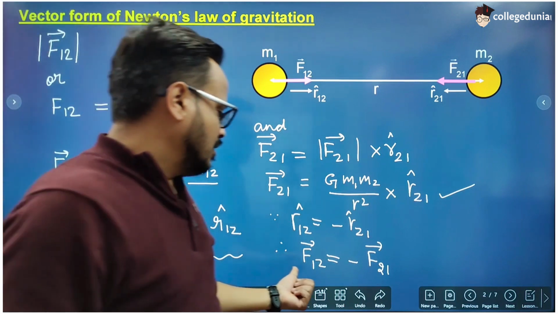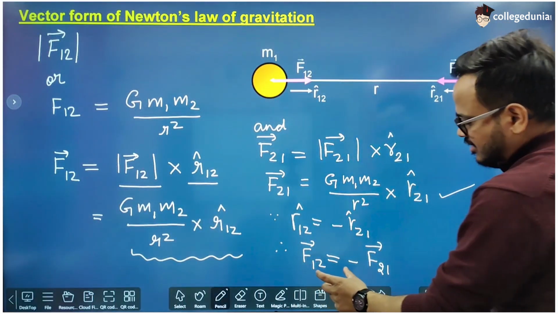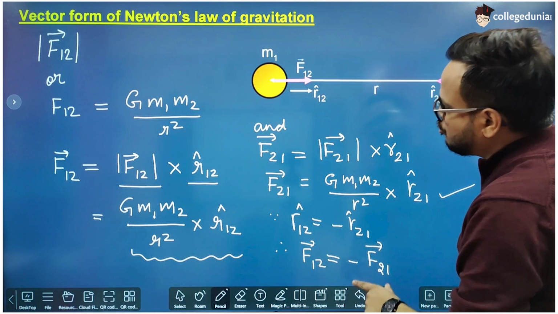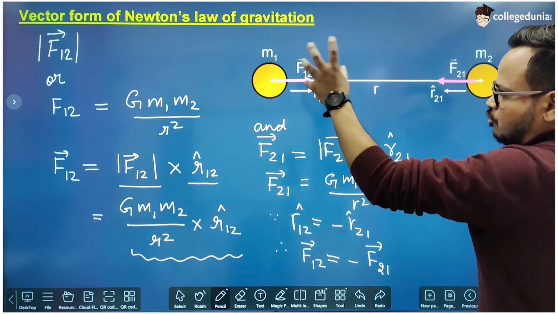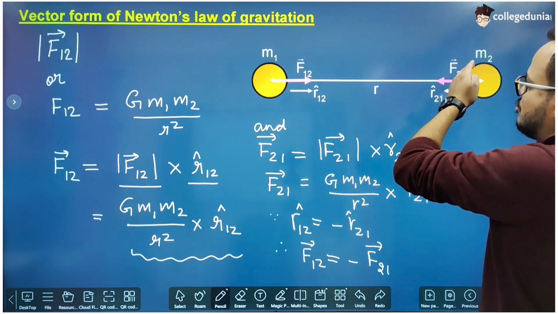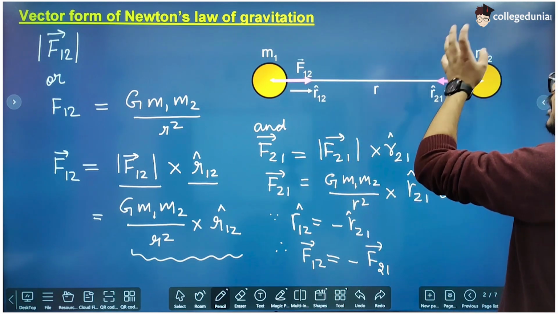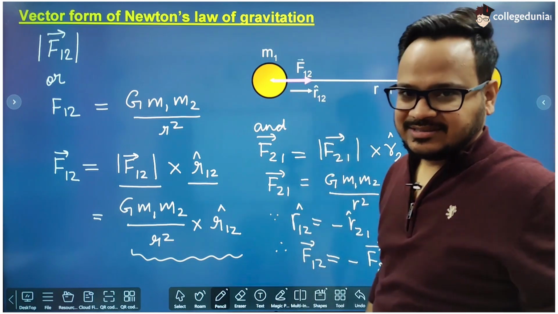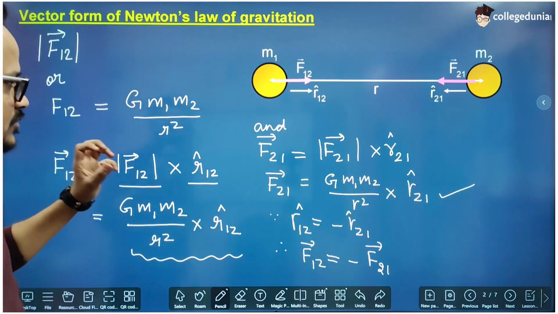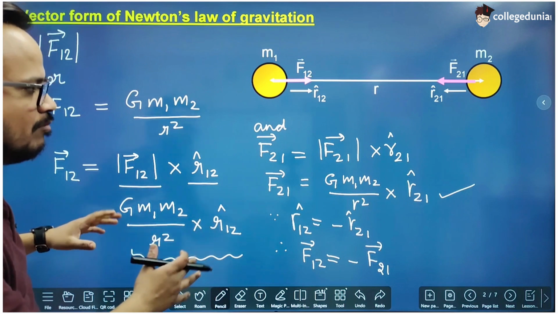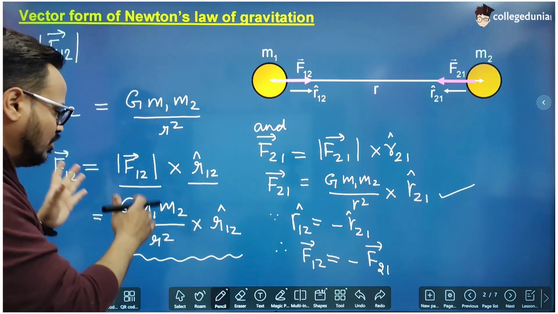So we can say that F12 is equal and opposite to F21, right? So the force which is applied by 1 on 2 is equal and opposite to the force which is applied by 2 on 1, right? Okay, so this was the vector form and that was the magnitude.